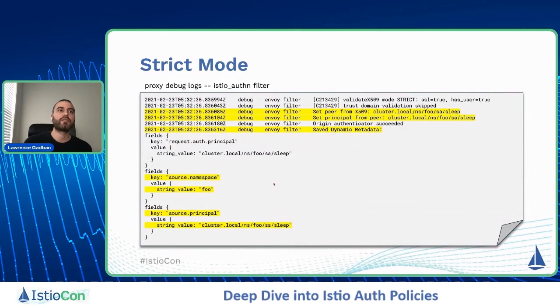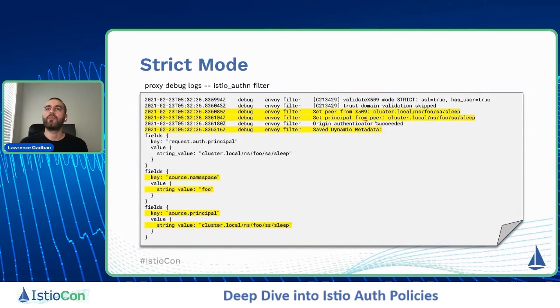Okay, again, we're looking at some debug logs. This is the sidecar proxy for httpbin. Remember, the request was coming from the sleep pod, and these are the Istio authentication filter's debug logs. You can see here that the mode is strict, SSL true, etc. You'll see this set peer from X509 as cluster.local/ns/foo/sa/sleep, which is essentially the SPIFFE or workload identity of the source.